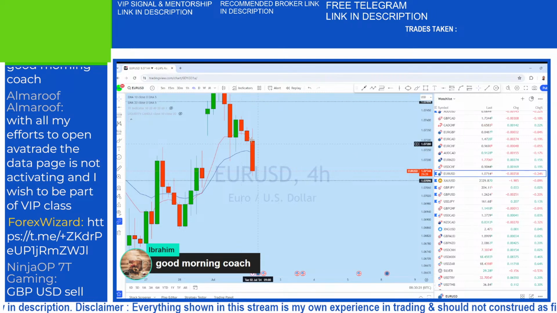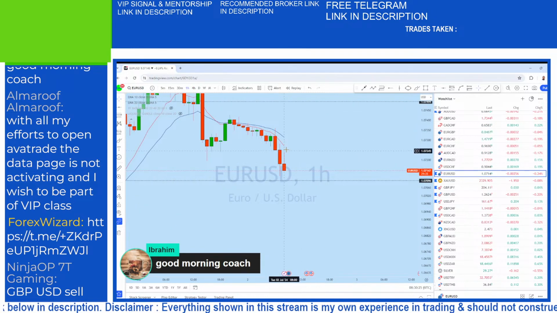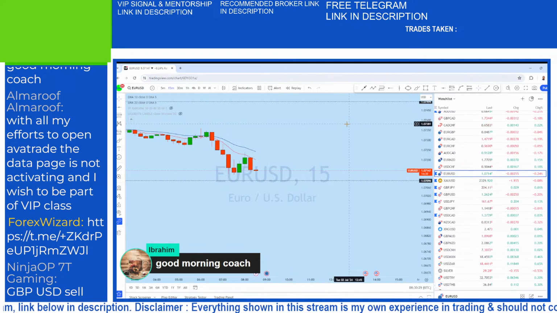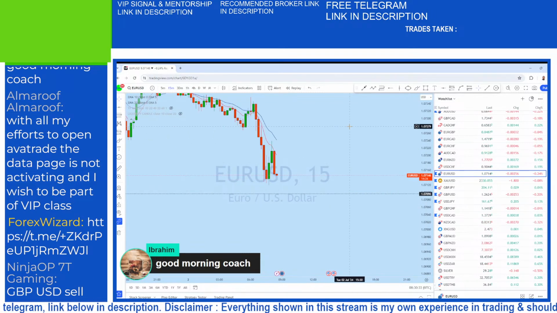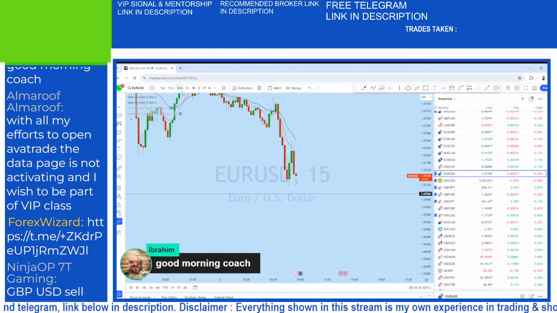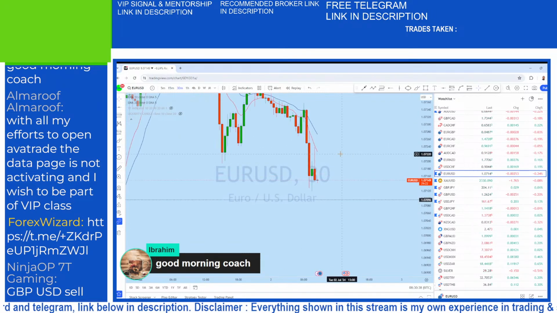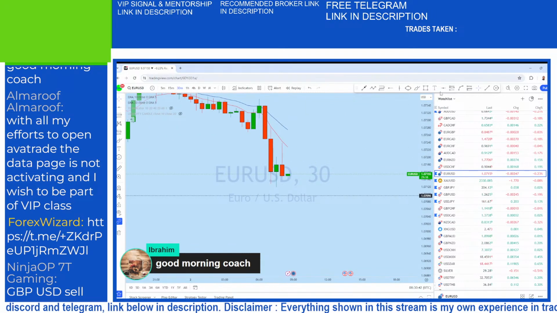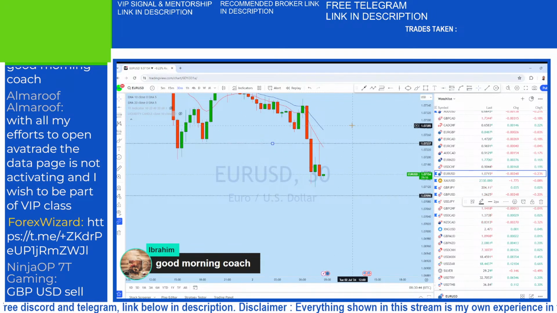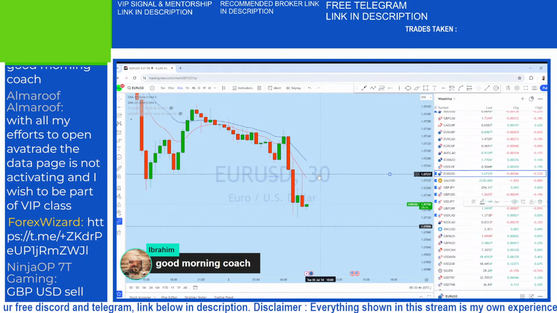Pretty long bearish candle. On the 1 hour, there's a middleman formation. 15 minutes. Okay, so there is a bearish engulfer. This is a resistance line on Euro at the moment.